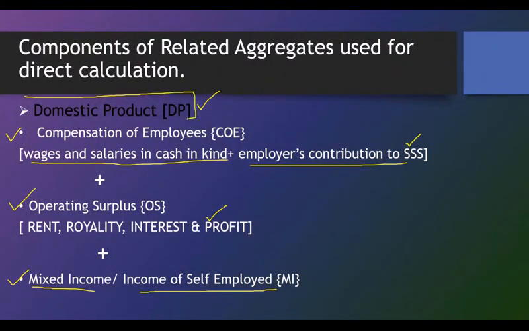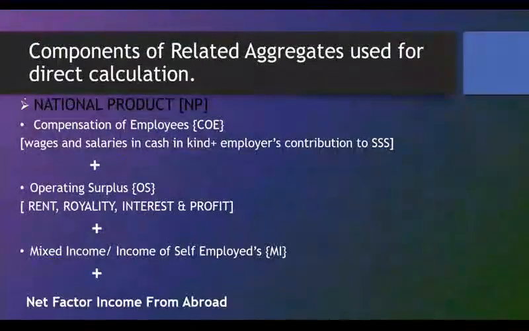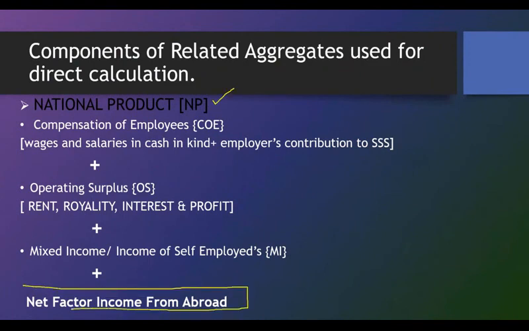The first family member is domestic product. Another family member is NP. NP is the broader concept, which includes NFIA as well. So in the same formula of DP, COE, OS, MI, we add NFIA to it.